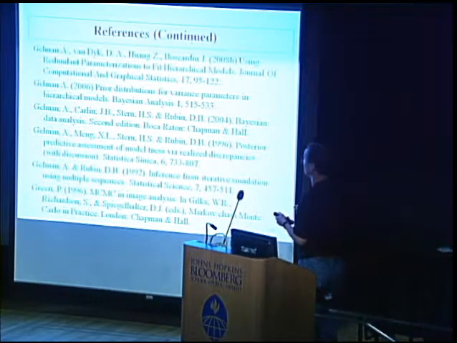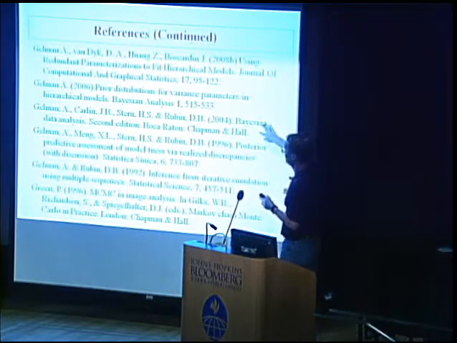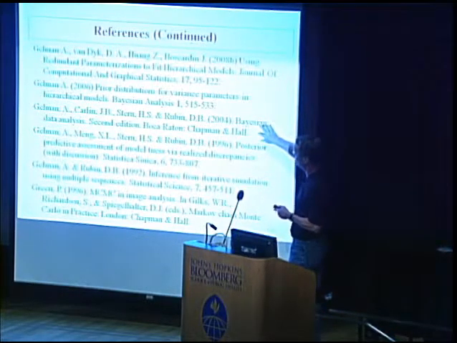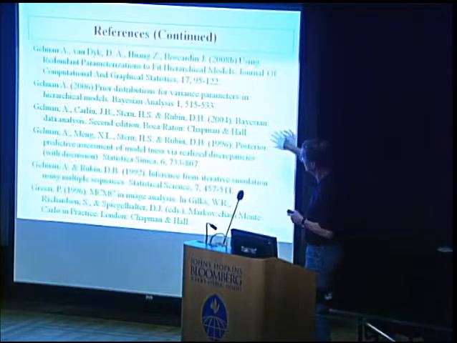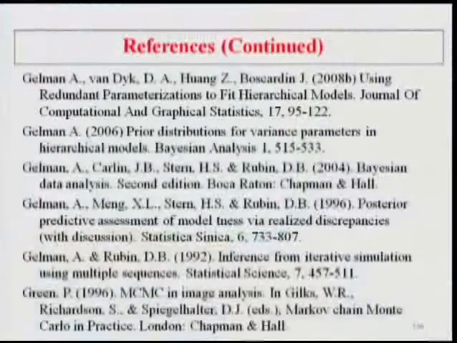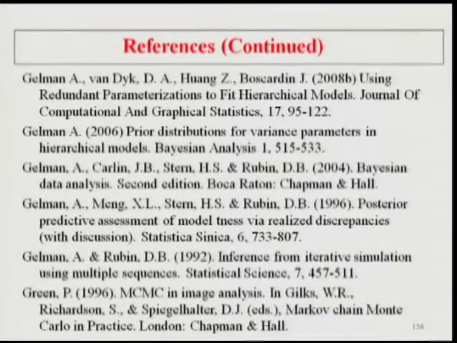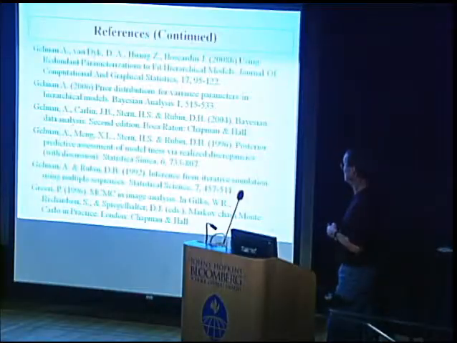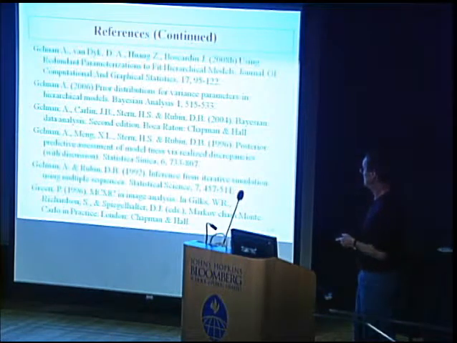Here's the book that I recommend for those who are statistically oriented. I've learned a lot from, and can learn much more from, this Gelman book, 2004. Here's the Gelman, Meng, Stern, Rubin seminal paper on the PPC, posterior predictive checks, in Statistica Sinica.